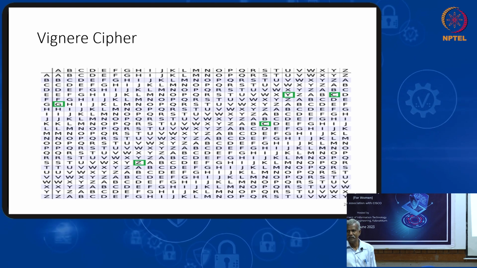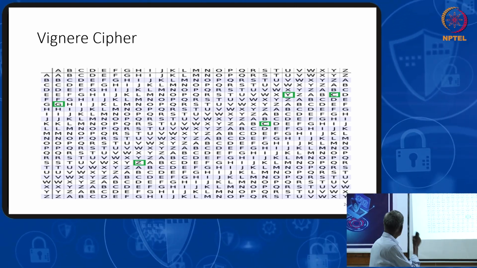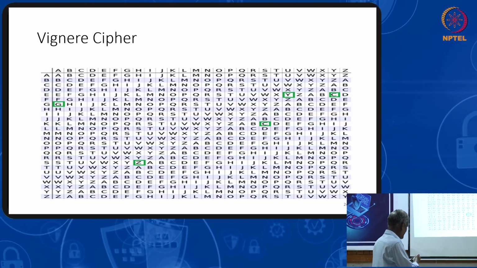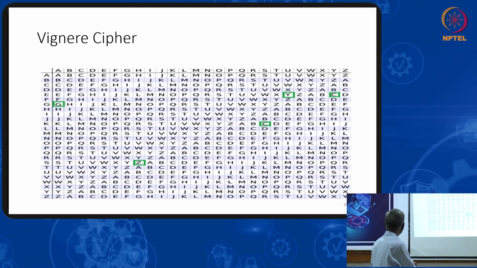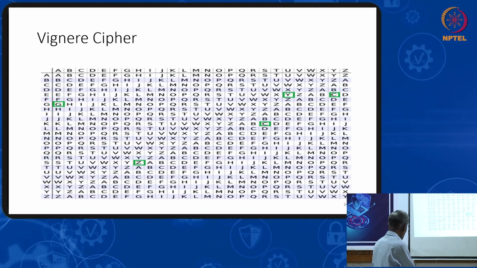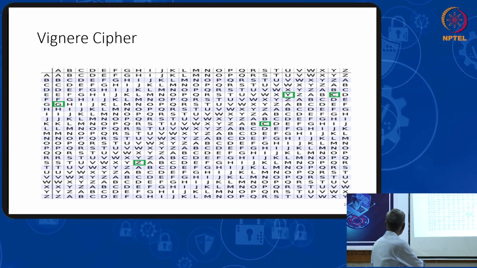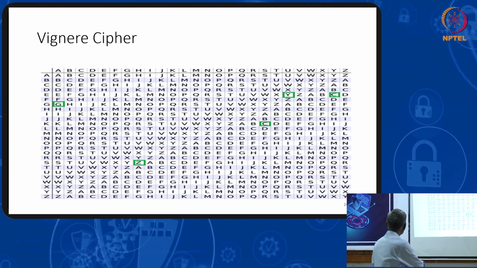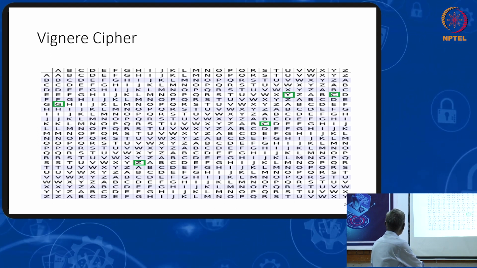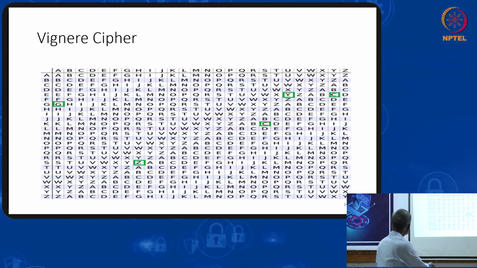We have to make a table like this. You see this table. First line, ABCD starts from A. Second line, ABCD starts from B. Third line, ABCD starts from C. But at the ending, after Z, once more AB.